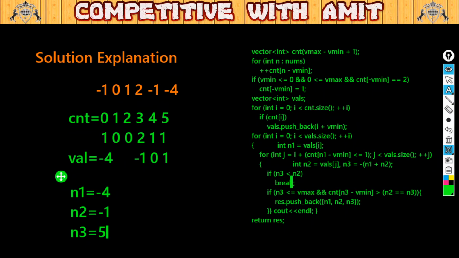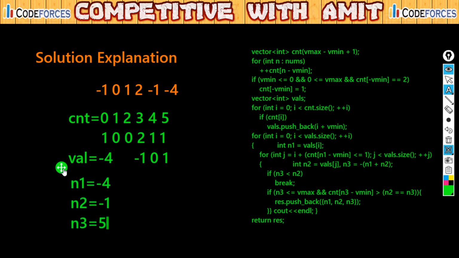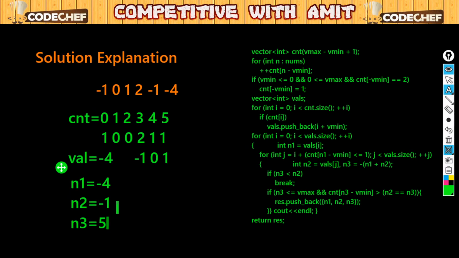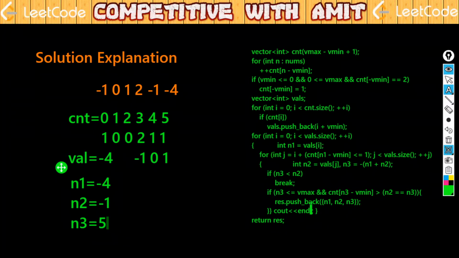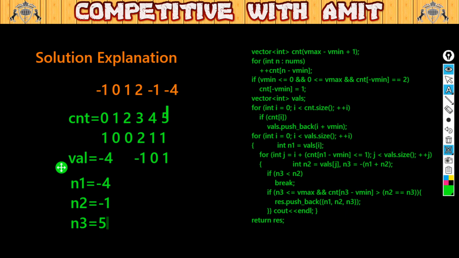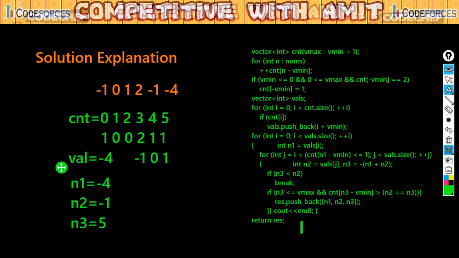So we will not consider this condition and we will break, because at this condition no possible triplet will be formed. Now this is our main condition which we are checking. The condition is that n3 should be less than vmax, means the n3's value should not exceed the vmax. In this it is 1, so this condition becomes false and this will not iterate.